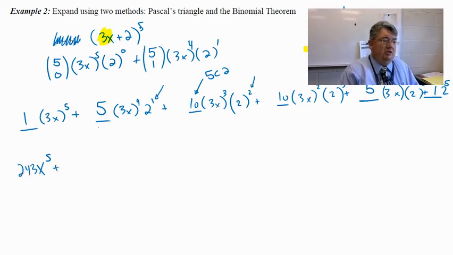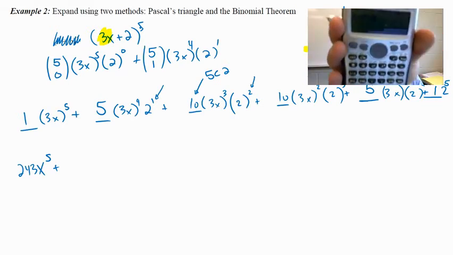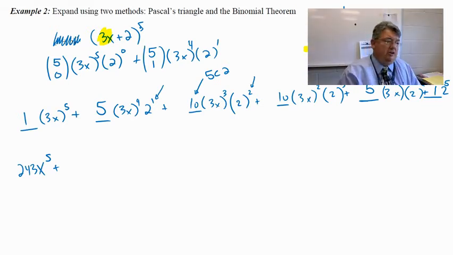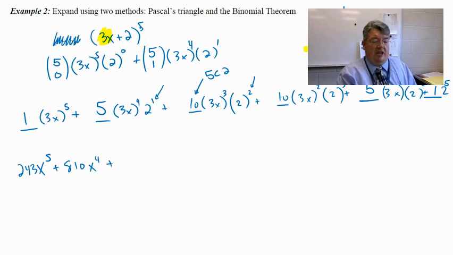Okay, plus, but here I've got 5 times 3 to the fourth times 2. See, that's what I put in, exactly like that. And it gets me 810 x to the fourth. There we go, plus. Now I've got 10 times 3 cubed times 2 squared.